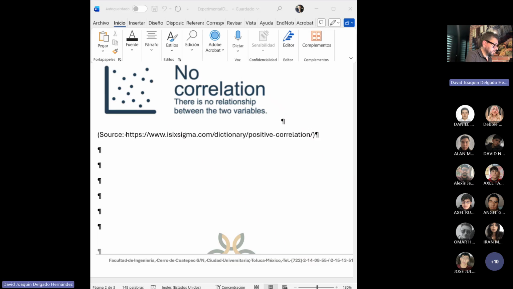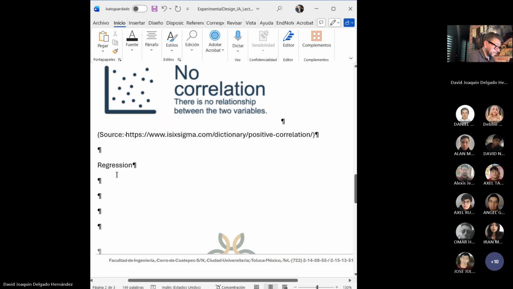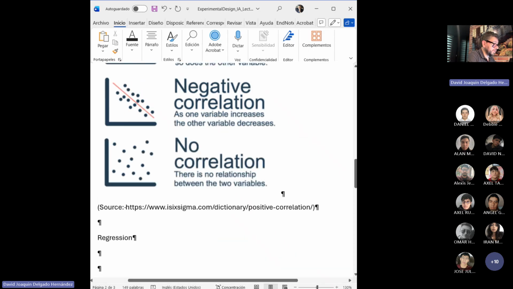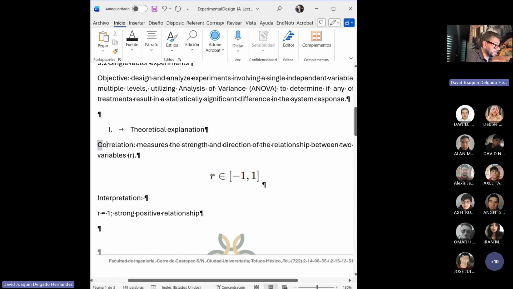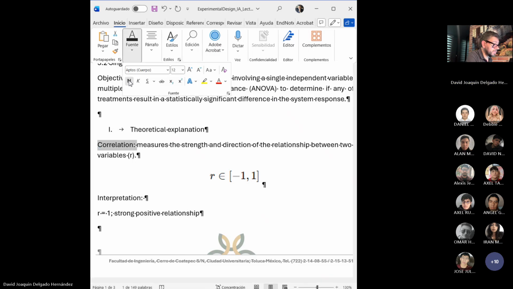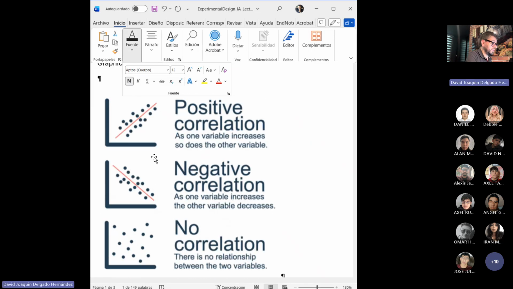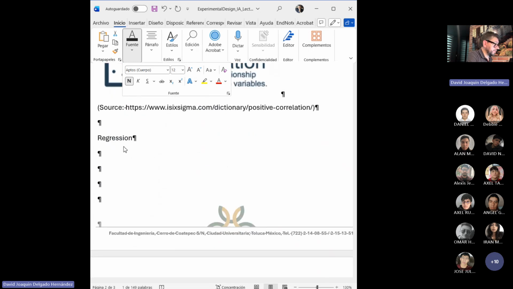Let us now talk about the regression. So let us put here in bold: first is the correlation, and then here we have the regression.